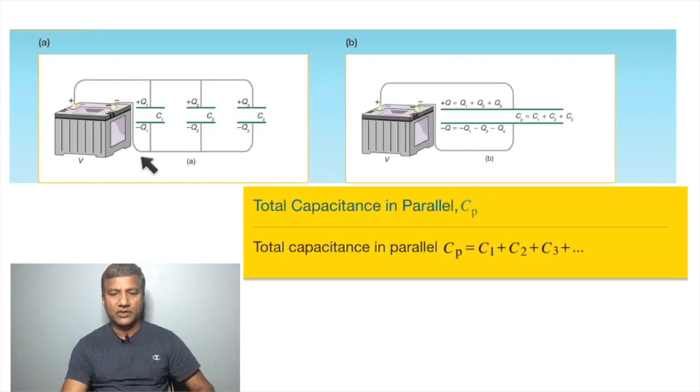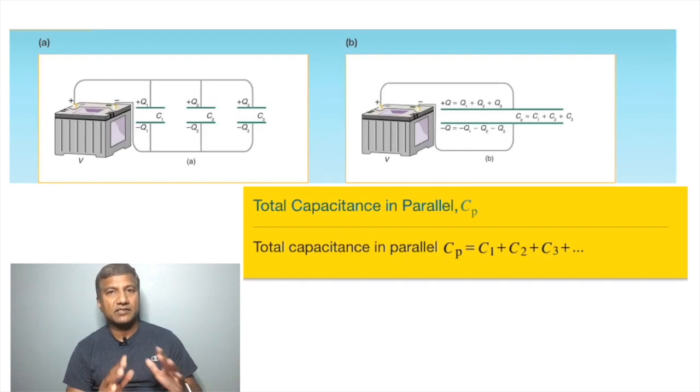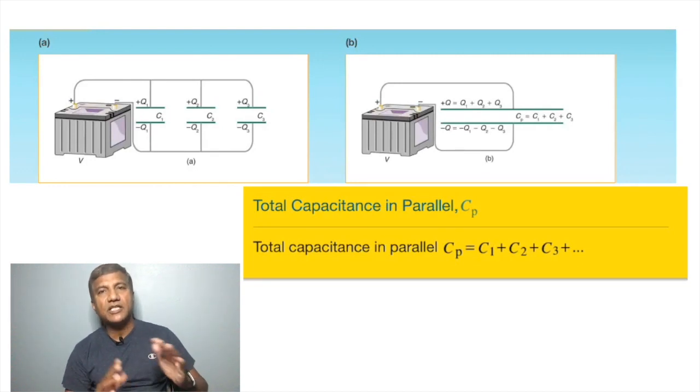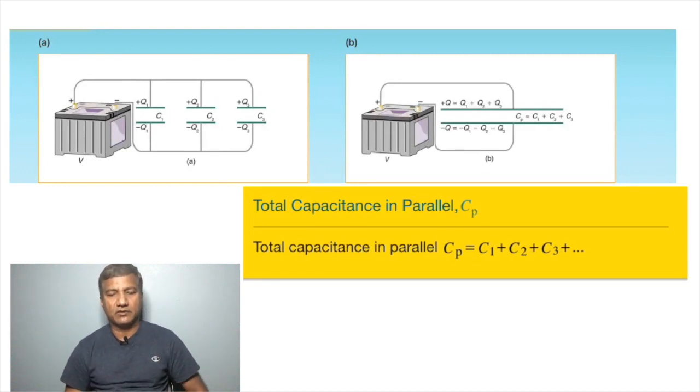Now the second way is parallel, and that is what is shown in this diagram. In a parallel connection, each capacitor is individually connected to the battery. So that means in a parallel connection, the voltage across each capacitor is the same as the voltage of the battery, which is not true in a series connection. So that's how you know that it's a parallel connection. Again, in a parallel combination, the voltage across each capacitor is the same as that of the battery, because each one is individually connected to the battery.